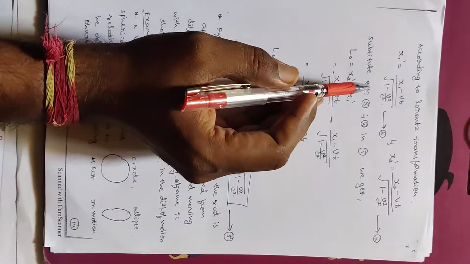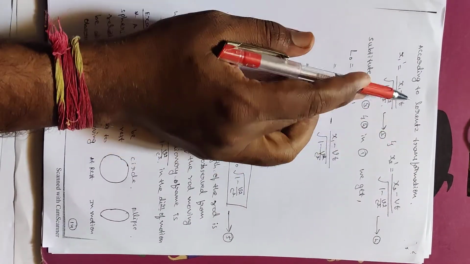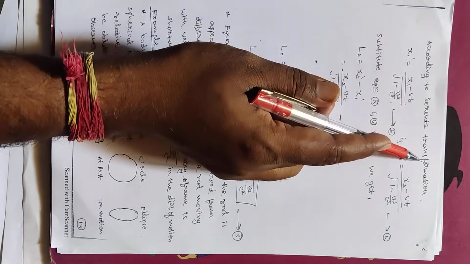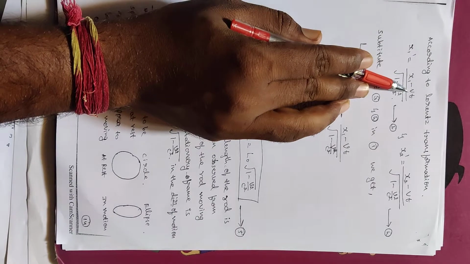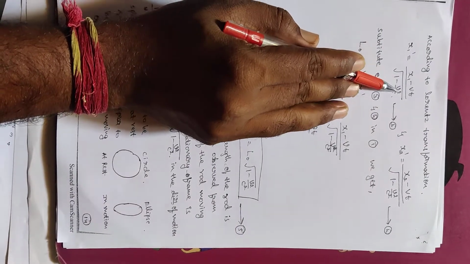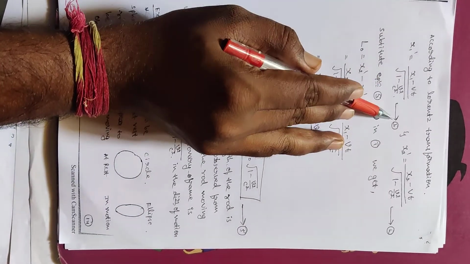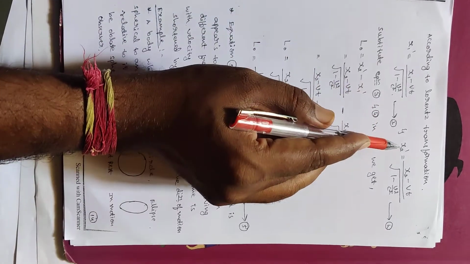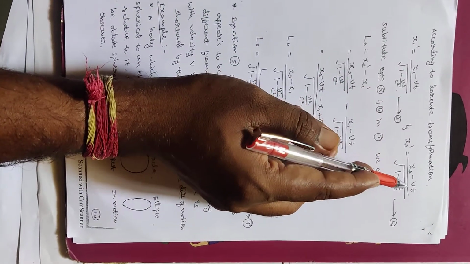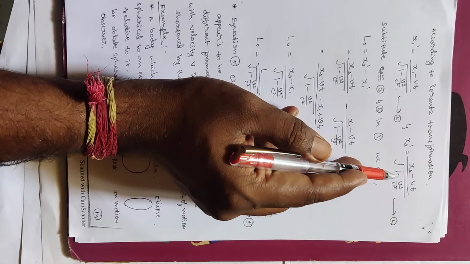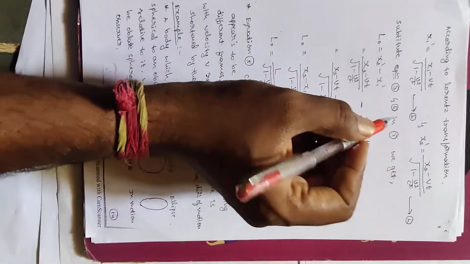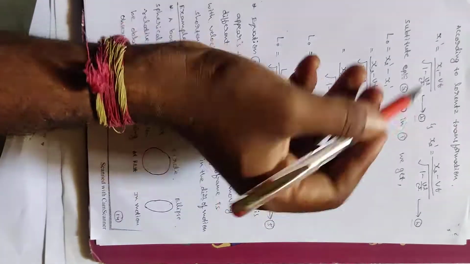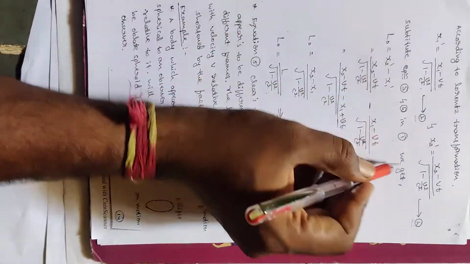Now we already know the Lorentz transformation equations. According to them, x1 dash is equal to x1 minus vt divided by square root of 1 minus v square by c square. This is equation number 3. Similarly, x2 dash is x2 minus vt divided by square root of 1 minus v square by c square. This is equation number 4. We substitute equations 3 and 4 in equation number 1.